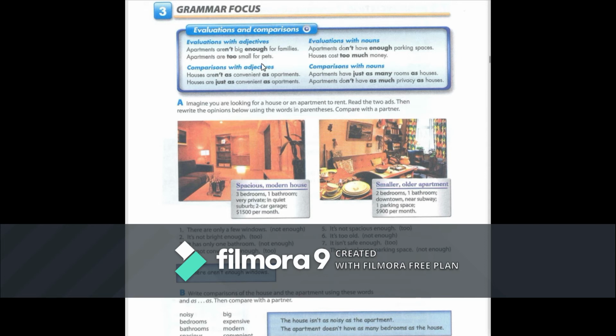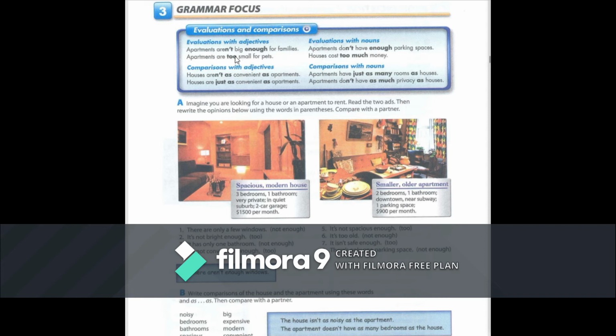The first rule: when we put evaluation, the word enough goes after the adjective. Where do we see this? Here's the adjective.